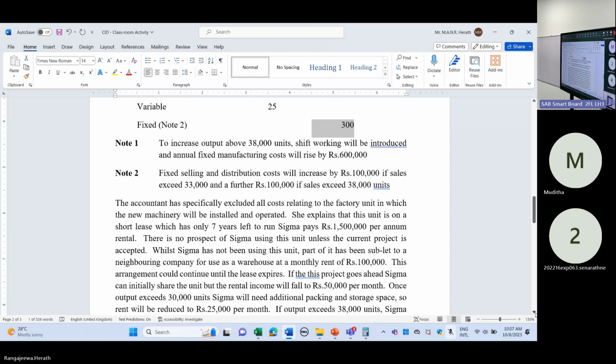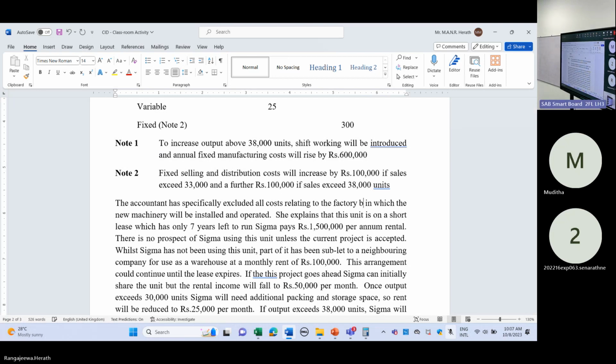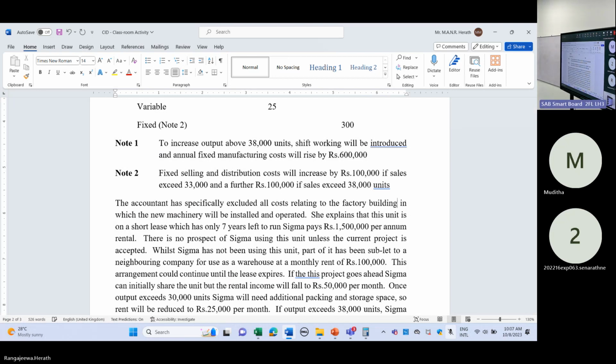If this project goes ahead, the word unit is a bit misleading. The accountant has specially excluded all costs related to the factory building in which the new machine is to be operated.